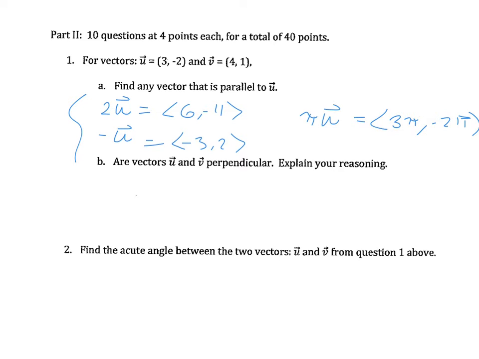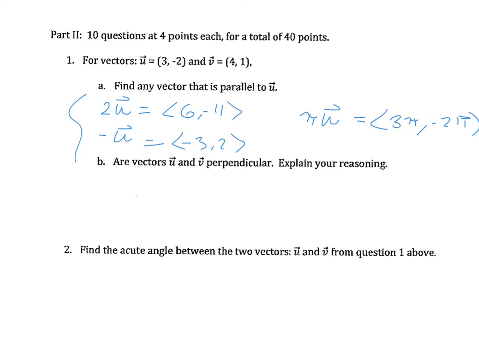And this is going to be a demonstration of that process on a 2D vector. So the idea here is that we want to take the dot product of u and v. One way of defining a dot product is that it's the magnitude or length of u times the magnitude of v times the cosine of the angle between them. If the angle is 90 degrees, the vectors are perpendicular. The cosine of 90 is 0.